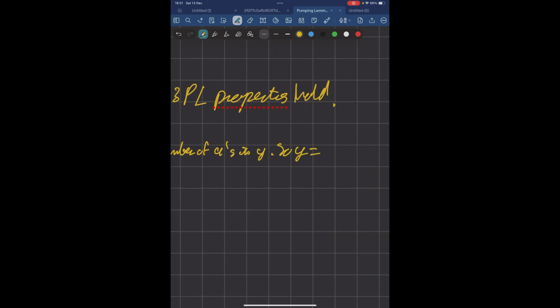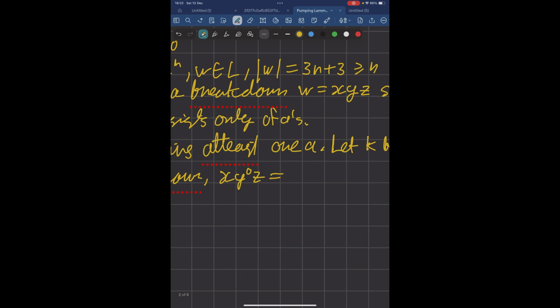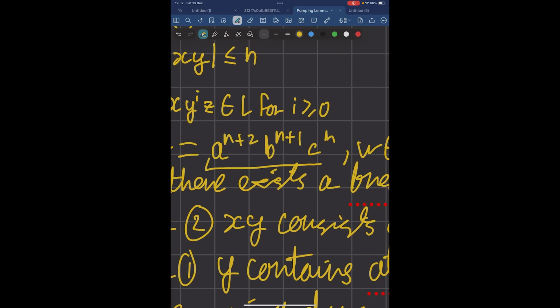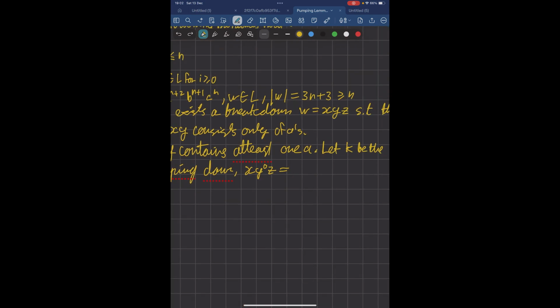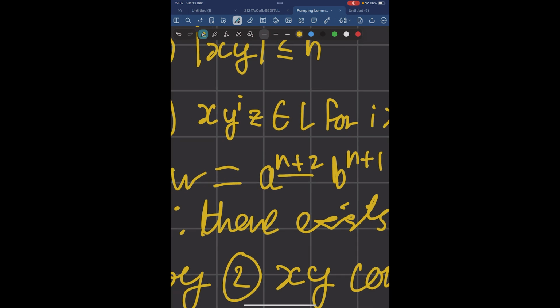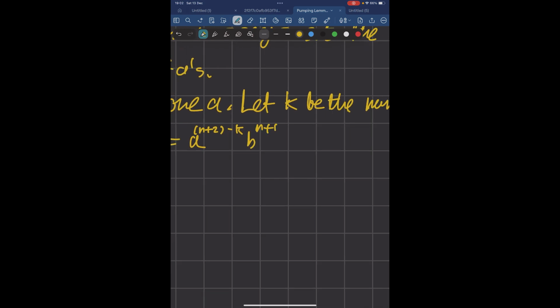So y equals a to the k for some k greater than or equal to 1. And so xy^0z would be this string with k fewer a's than before because we removed y, and y has k a's. So this will be a to the n plus 2 minus k, because that's how many a's remain. The other parts of the string stay the same.